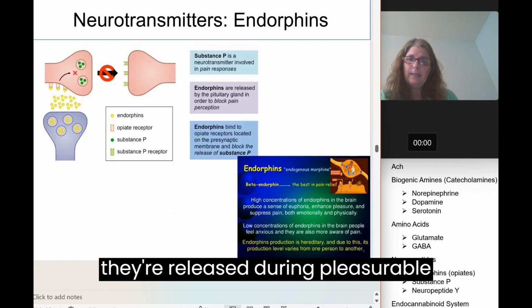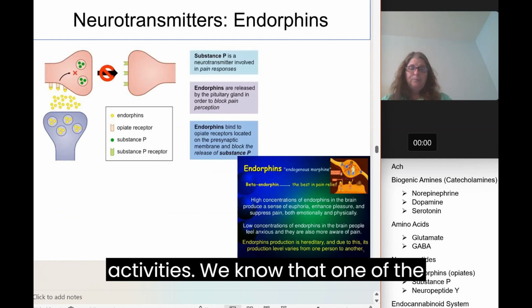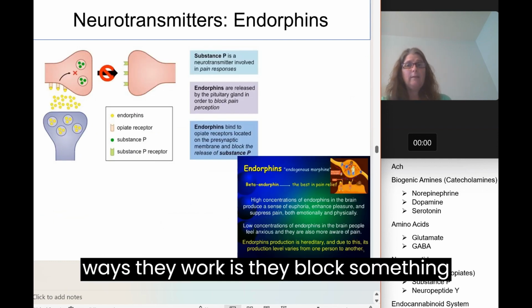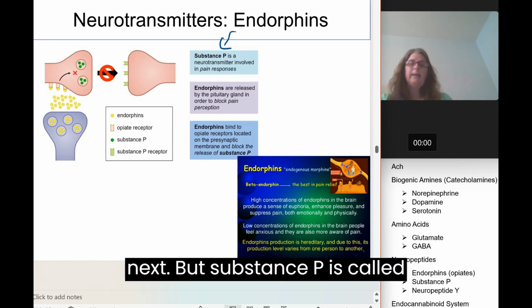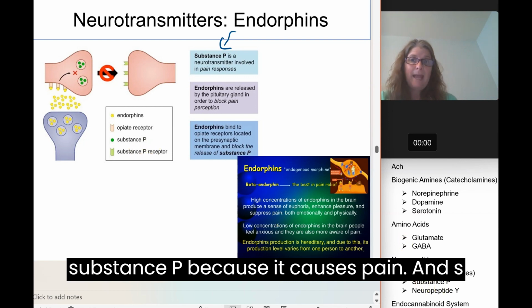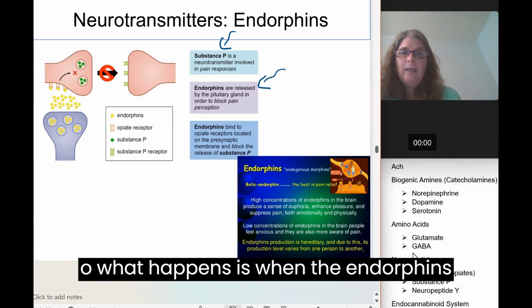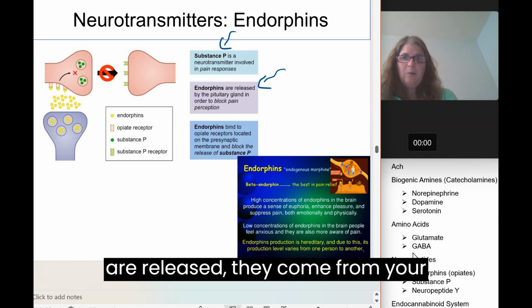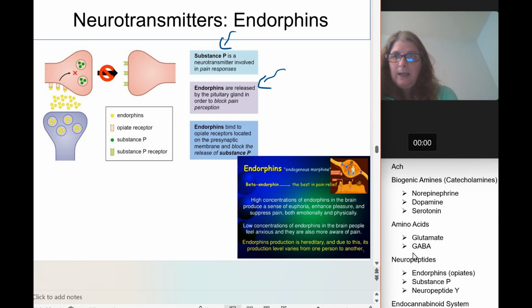But we know that they're released during pleasurable activities. We know that one of the ways they work is they block something called substance P, which we're going to cover next. Substance P is called substance P because it causes pain. And so what happens is when the endorphins are released, they come from your pituitary gland. You can see the endorphins here.